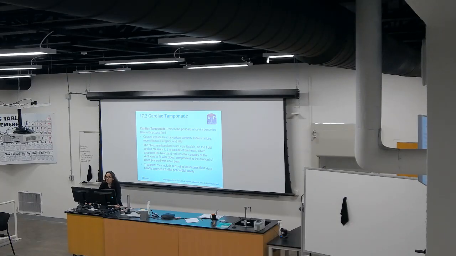Not only HIV, but bacteria and fungi can cause infections of the pericardium. So, again, treatment includes removing fluid with a needle or even with a thoracotomy if it's too bad.